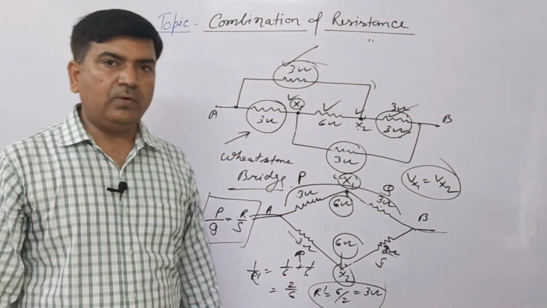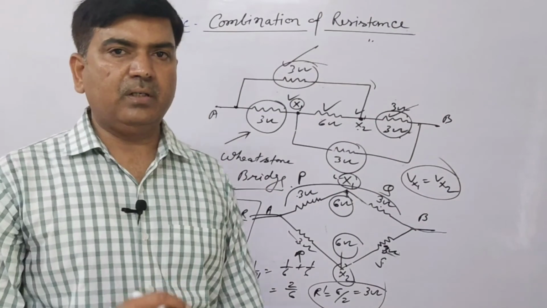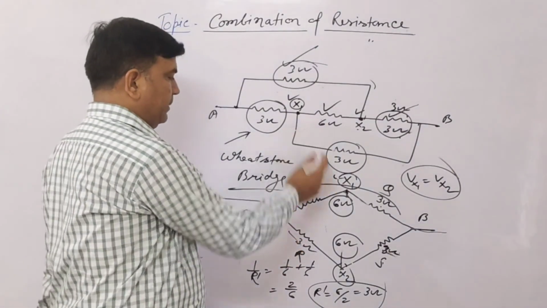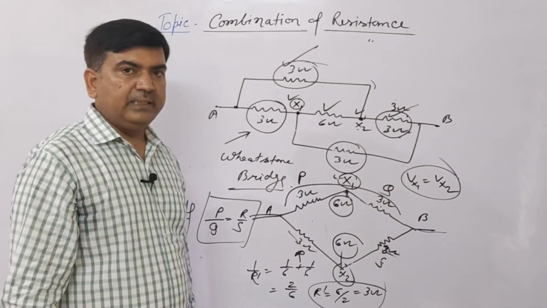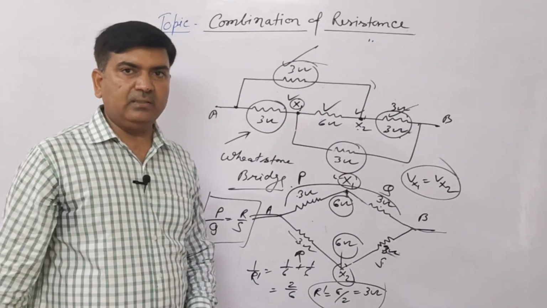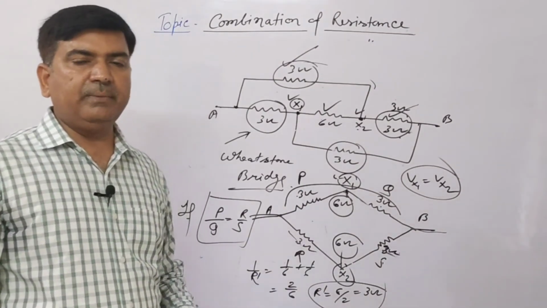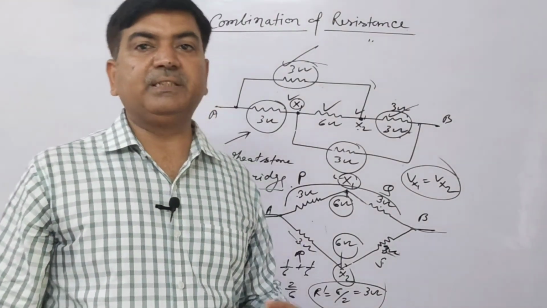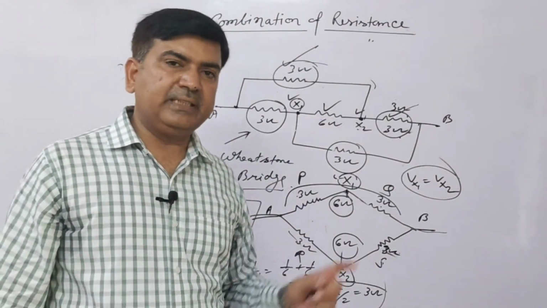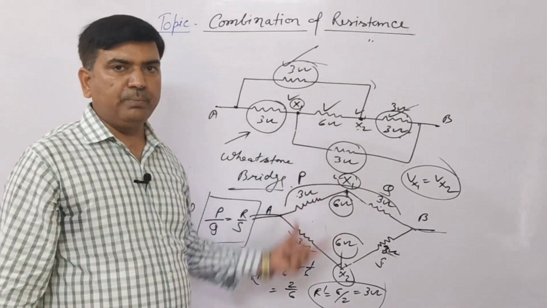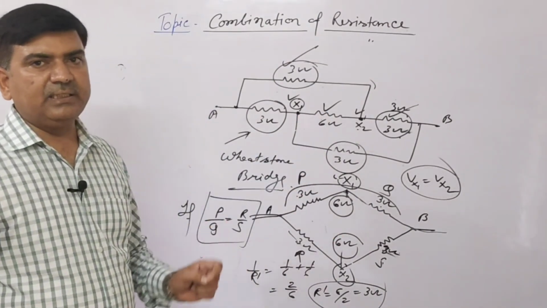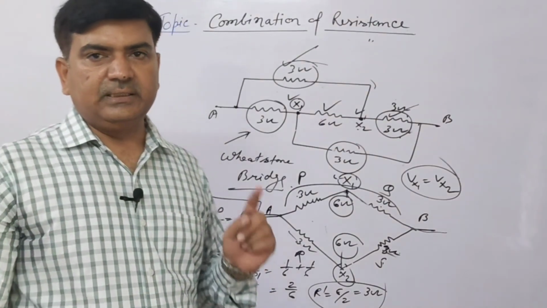And children, for the competition you have to remember, if in this type of shape, all the resistances are given the same value, that is 3, or all the resistances are given 4, or all are given 6, and the circuit is in the form of a Wheatstone bridge, then the equivalent resistance is always equal to the same value.